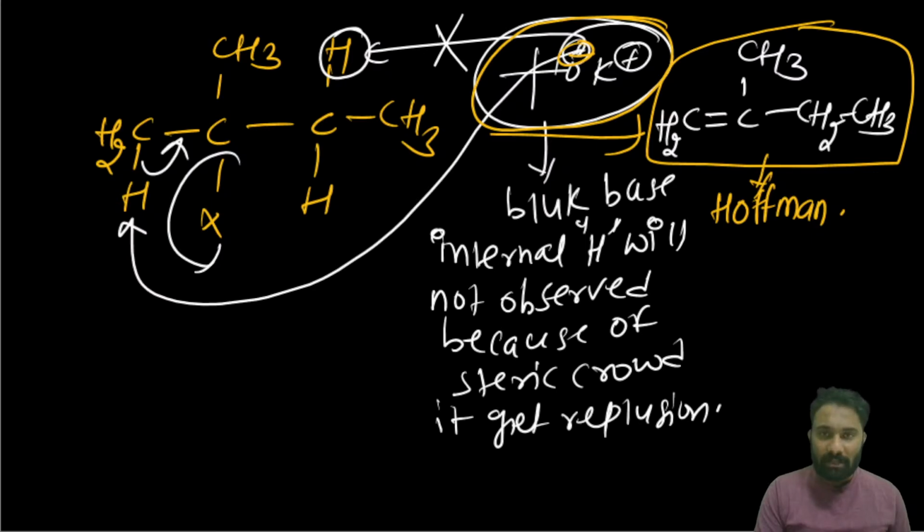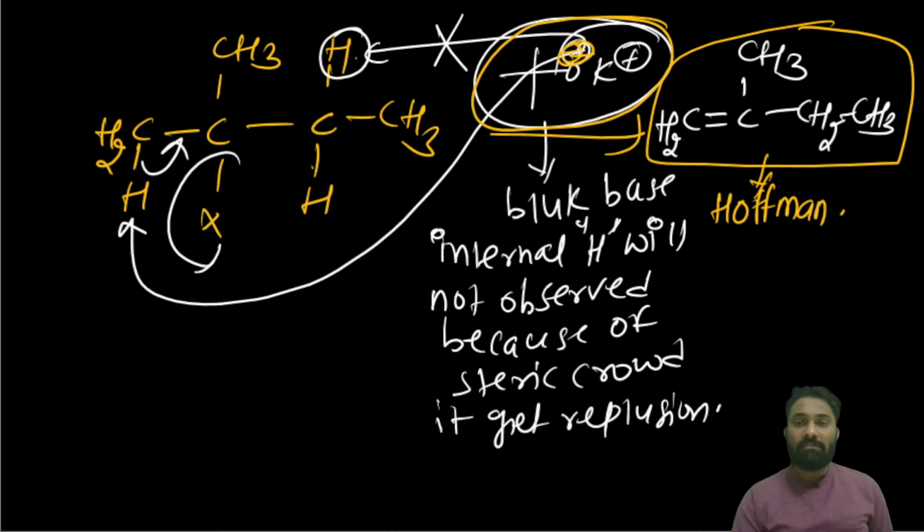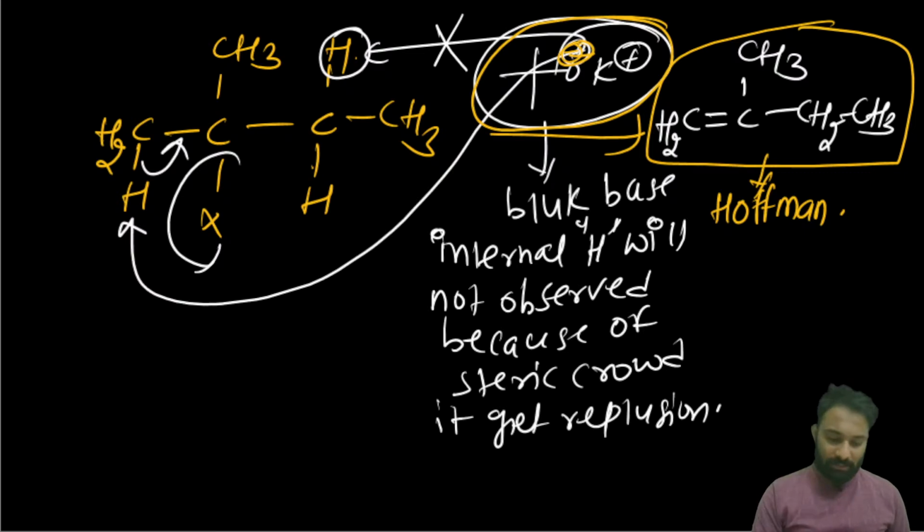Due to that repulsion, this potassium butoxide will not readily take the hydrogen from the internal carbon. So it will readily take the hydrogen from the terminal carbon, and it will be eliminated and give you the Hoffman product. For an alkyl halide, if a bulky base is given, the Hoffman product is major. And if a small base is given, the Saytzeff product is major.